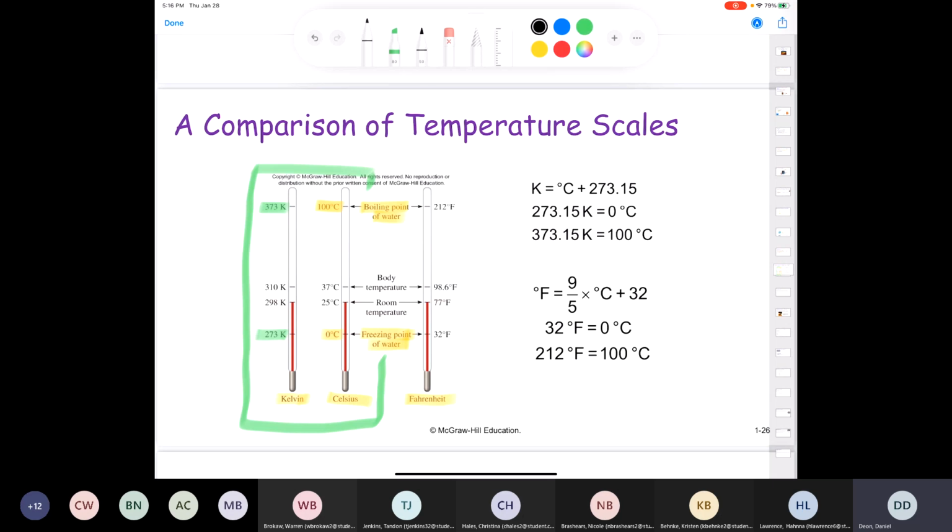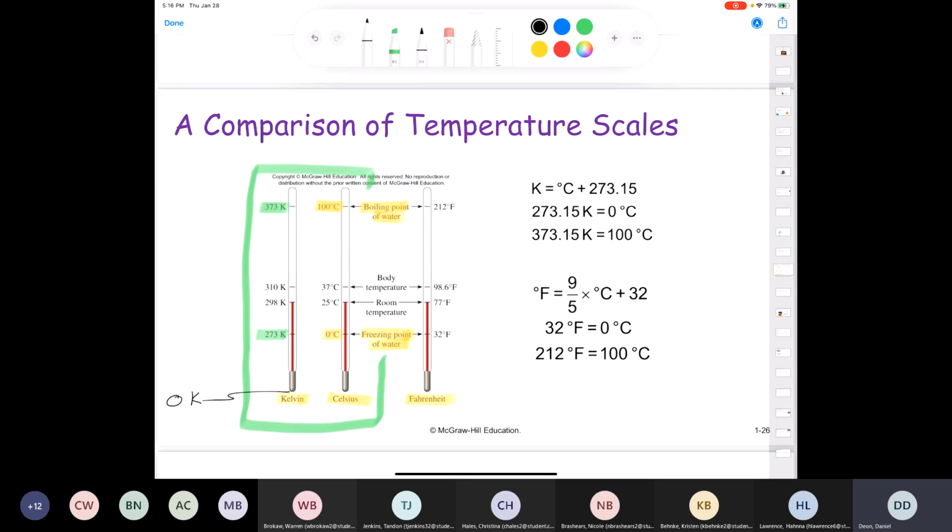If you take matter and cool it to the coldest temperature it can attain, where there is essentially no molecular movement at all, the molecules are not moving, atoms aren't moving, electrons aren't moving, nothing is moving, that's called 0 Kelvin. That is also what we call absolute zero, and that is actually a theoretical temperature. Nobody has ever actually attained absolute zero. It is the lowest possible temperature that can be attained.